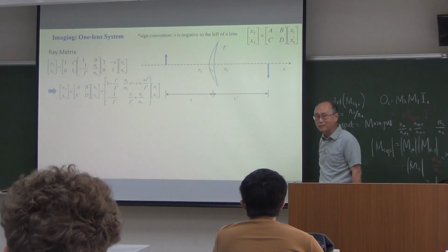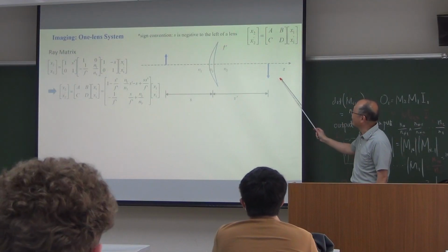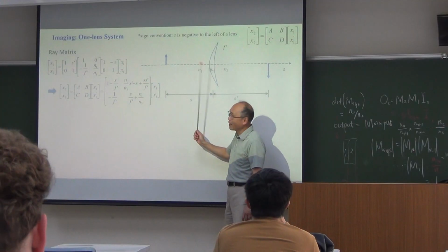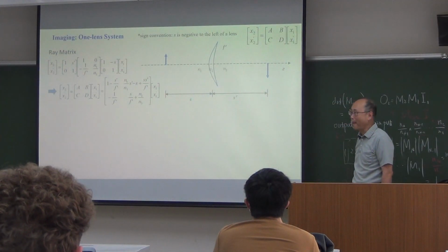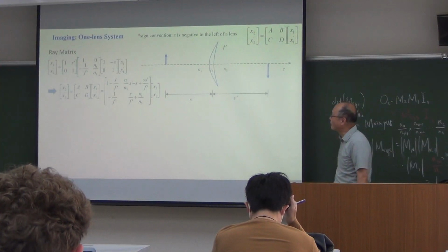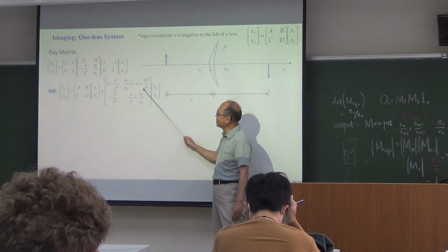It can be anywhere, depending on what s value you finally figure out. But now, let's just do the ray matrix multiplication. You end up having this system matrix.